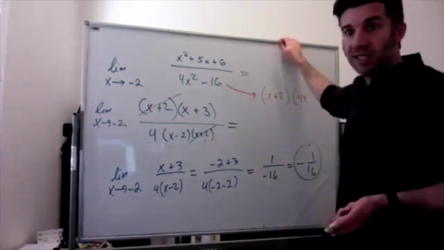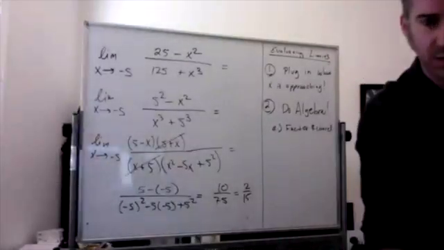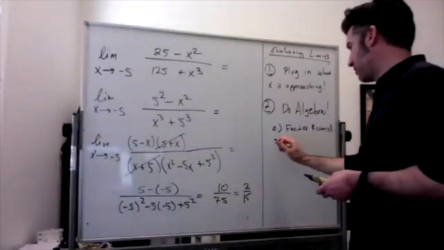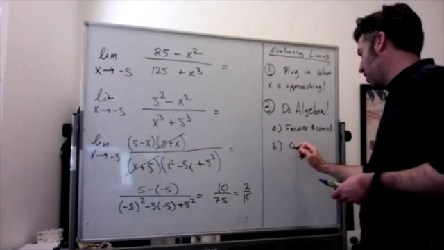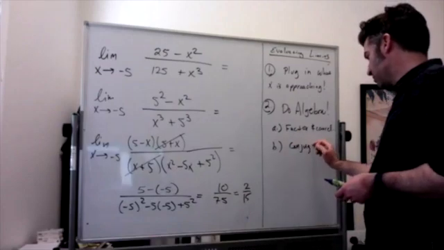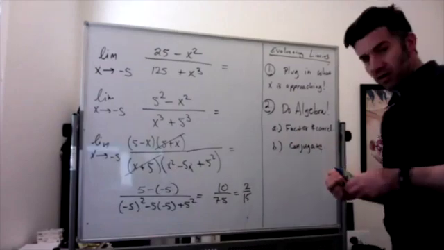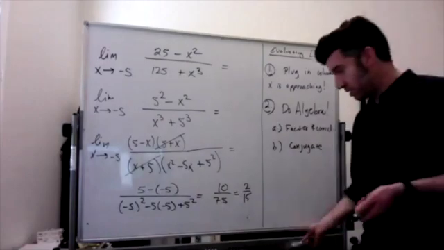Cool. Let's look at some of the other things we can do. In fact, one of them we already know. Last time, we already talked about how multiplying by the conjugate is also a method of dealing with specifically square roots.